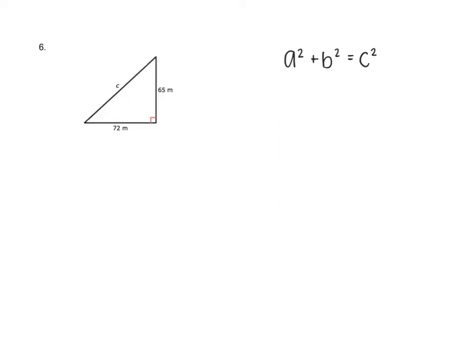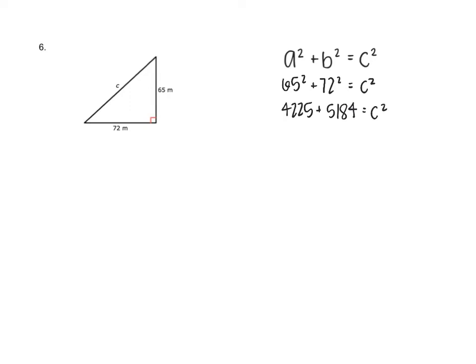For question 6, we're given our two legs again, and we're solving for the hypotenuse. So I'm going to substitute in what I know. So 65 squared plus 72 squared equals c squared. 65 squared gives me 4,225. 72 squared gives me 5,184.